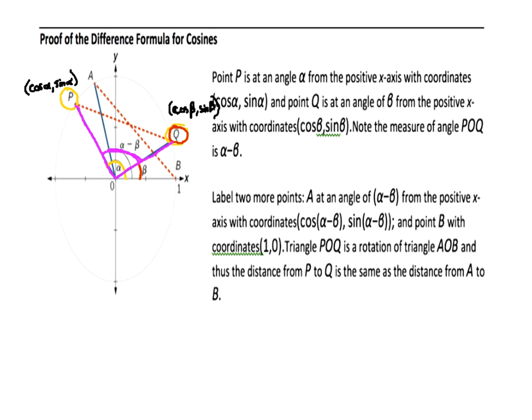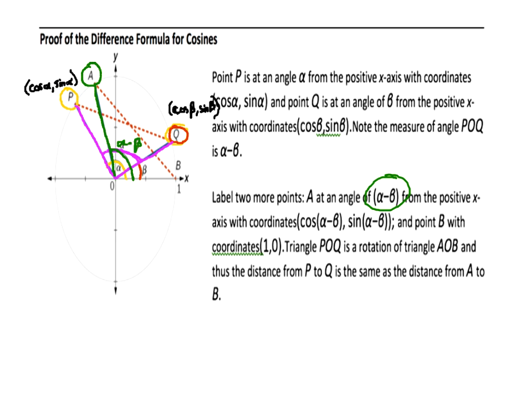Then if we label two more points on the circle, A, notice that this angle here is also alpha minus beta, as well as that pink angle.